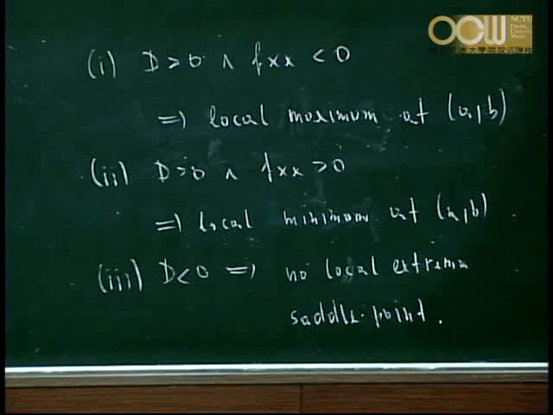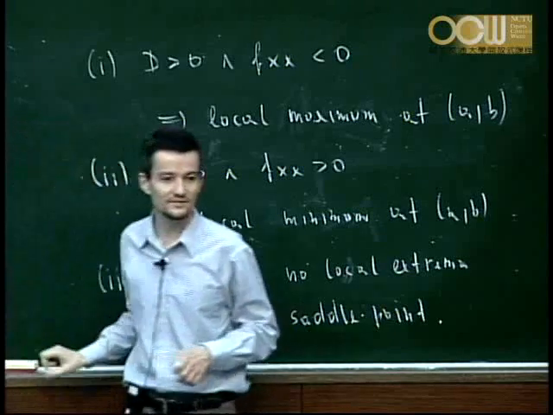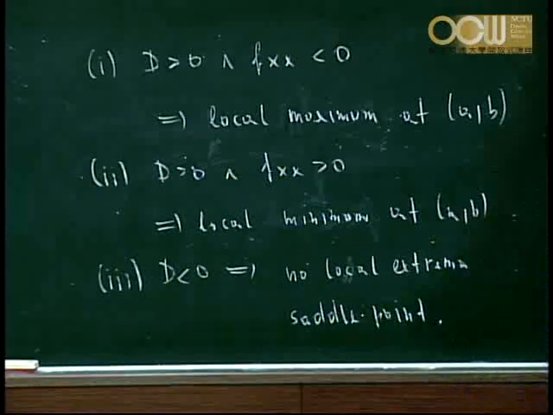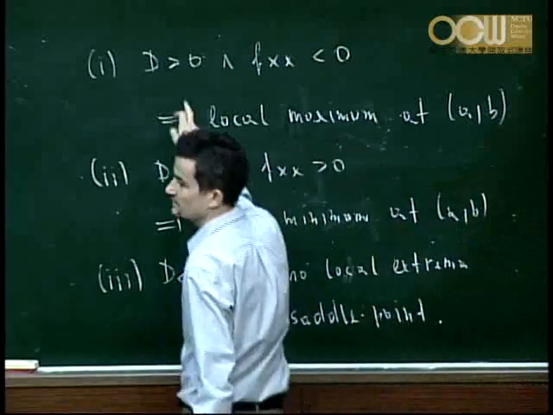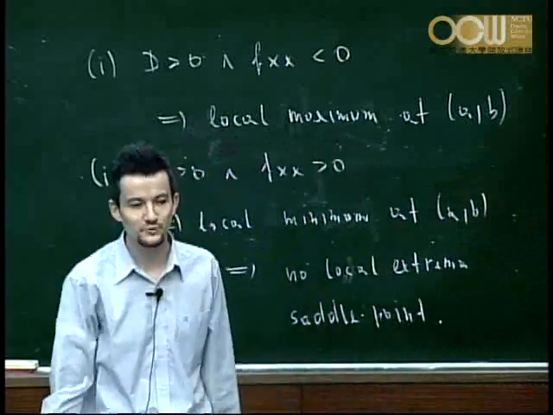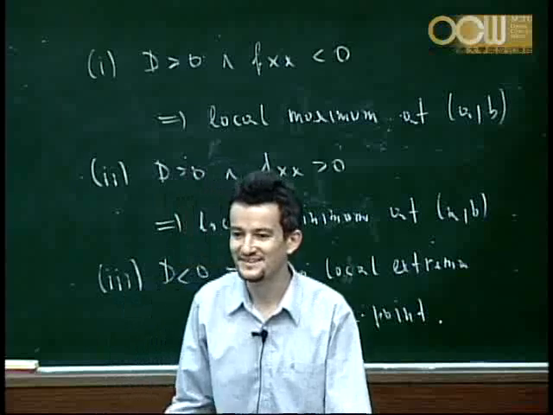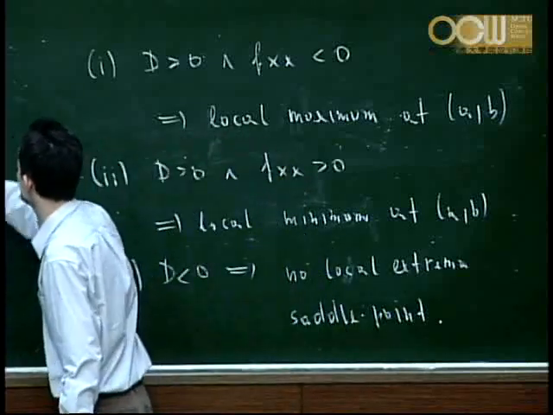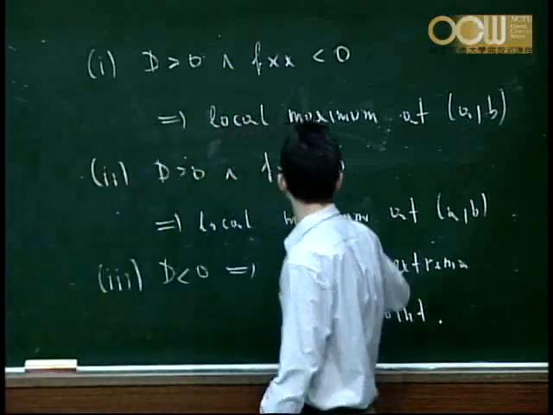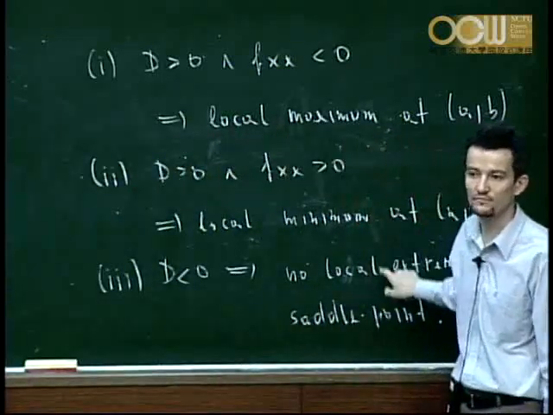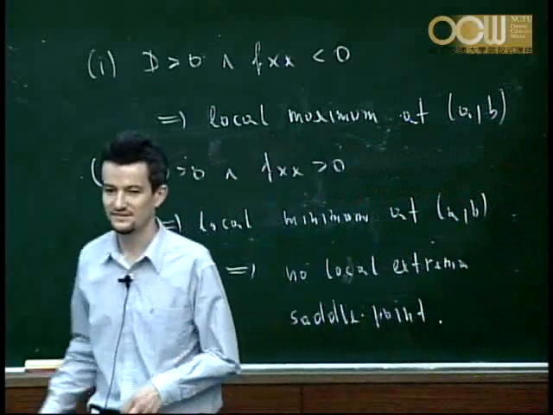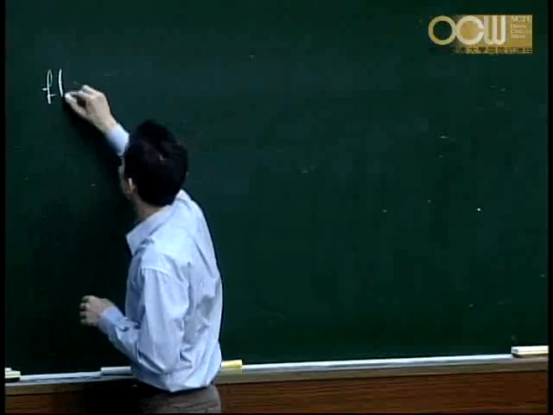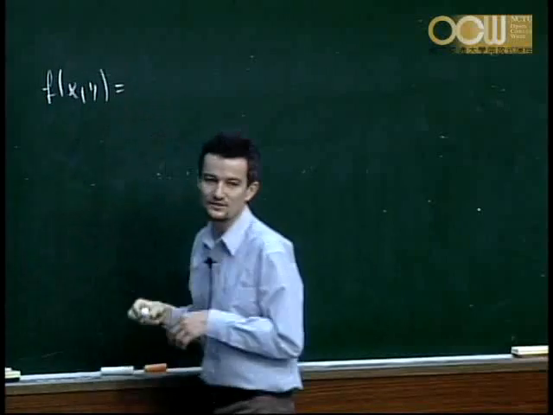Who can come up with three functions which at the critical point have D equal to 0, and for the first function you have a local maximum, for the second function a local minimum, and for the third function you have nothing? Maybe, of course, a little bit of thinking easily reveals it.